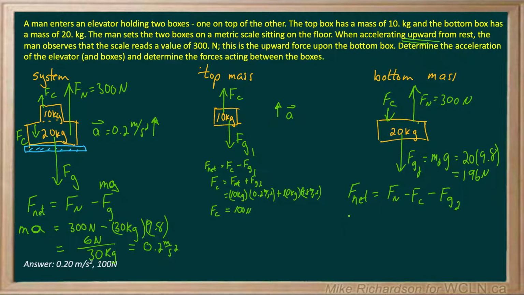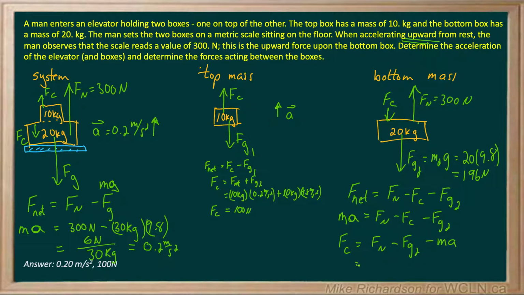Now Fnet is always ma, so it's going to be m times a equals F normal minus Fc minus Fg2. Now if I solve this for Fc, and I'll let you guys do the algebra, I get Fc equals F normal minus Fg2 minus ma.